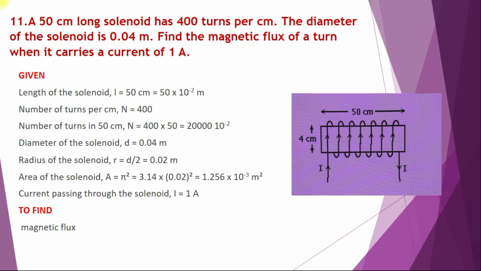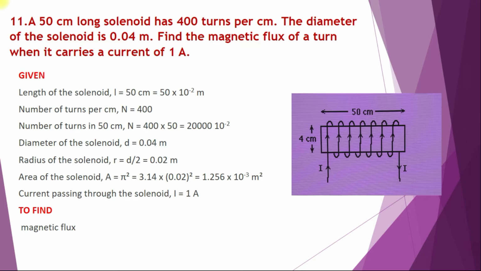Number of turns per centimeter, small n, is equal to 400. So the number of turns in 50 centimeter is given by N is equal to 400 into 50, which is equal to 20,000. The diameter of the solenoid D is given as 0.04 meter.